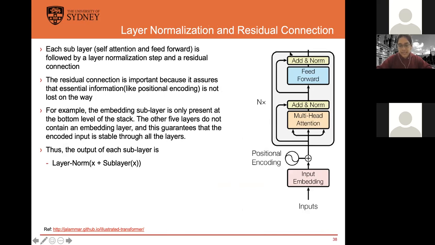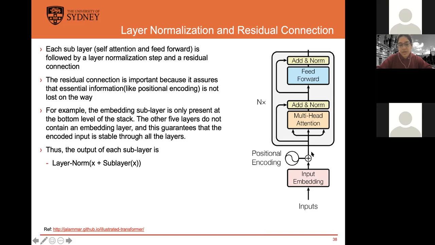If you see the encoder layer, every sublayer is followed by a layer normalization and a residual connection. This residual connection is important because it ensures that essential information like positional encoding is not lost along the way.